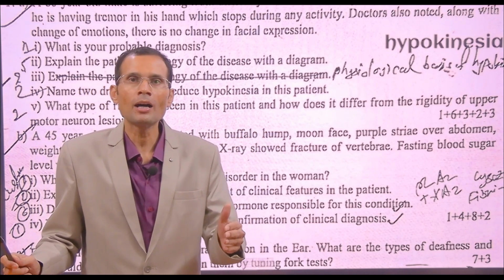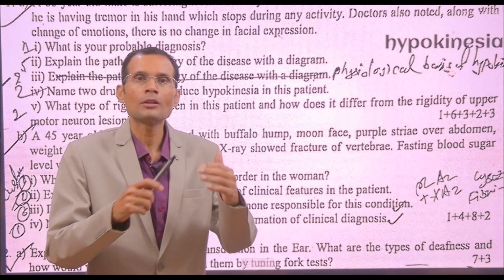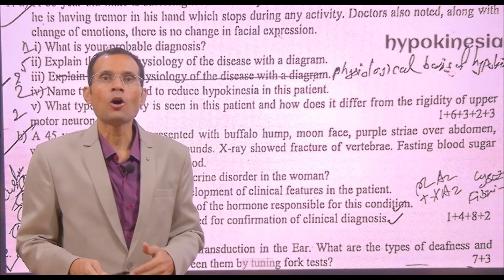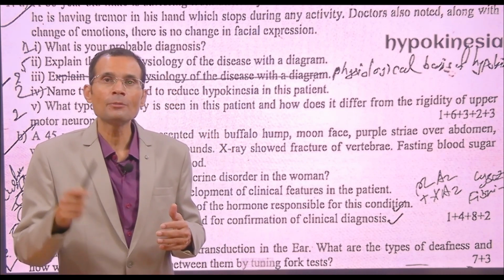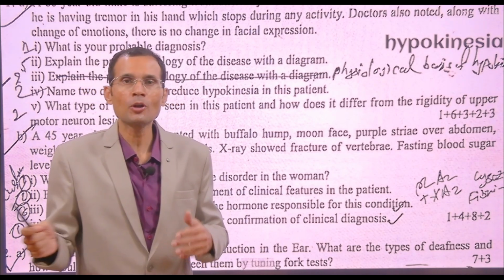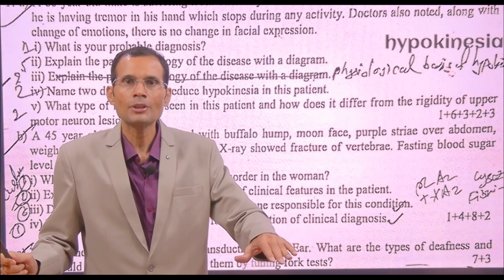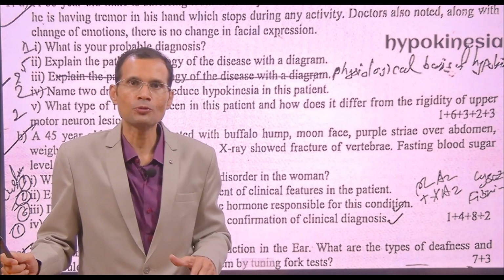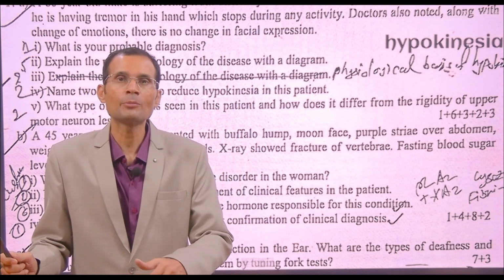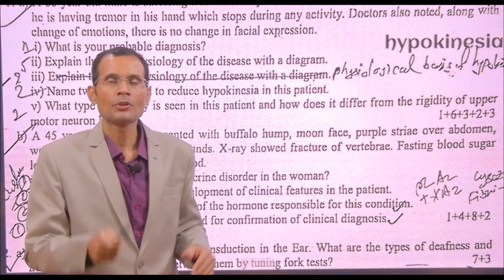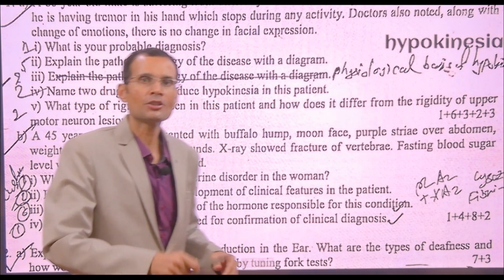But this levodopa will not be able to cross the blood-brain barrier unless it is combined with a dopa decarboxylase inhibitor, because dopa will be broken down in the peripheral tissues by the dopa decarboxylase enzyme. So you add carbidopa. So levodopa and carbidopa combination.